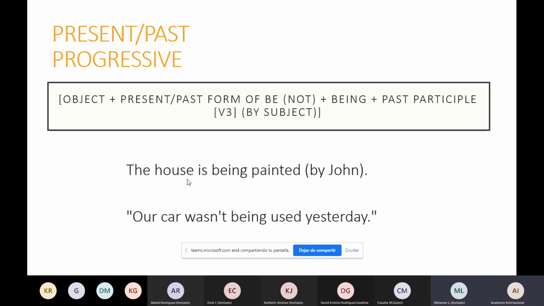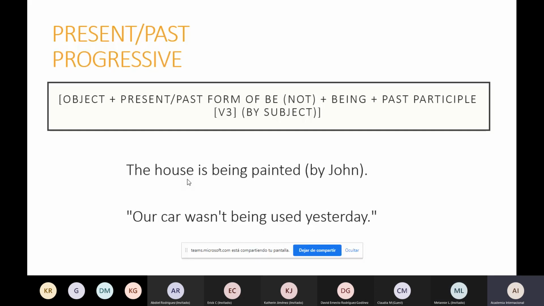¿Por qué iría ese been? No ha sido usado. No, no fue usado. No fue usado sería en ese caso. No podría ir solamente our car wasn't used.